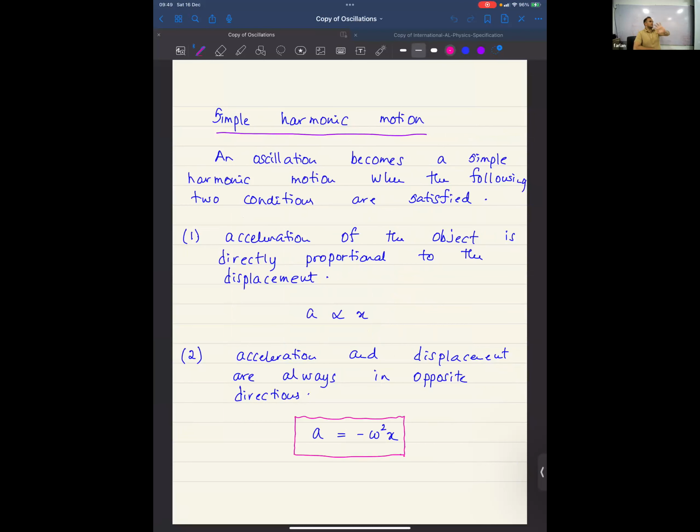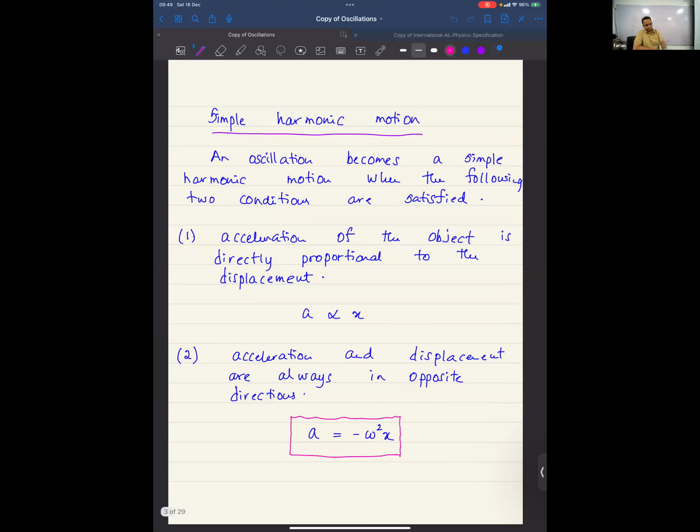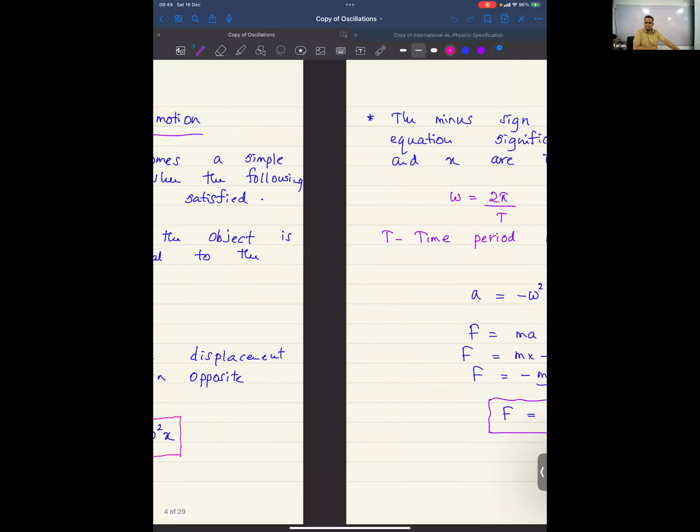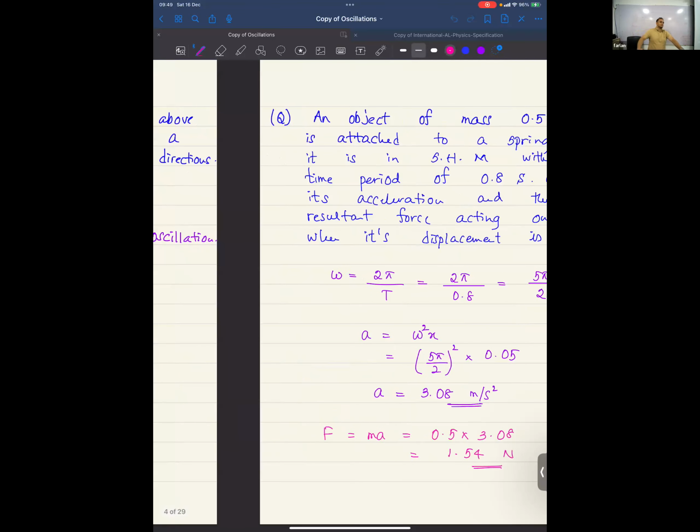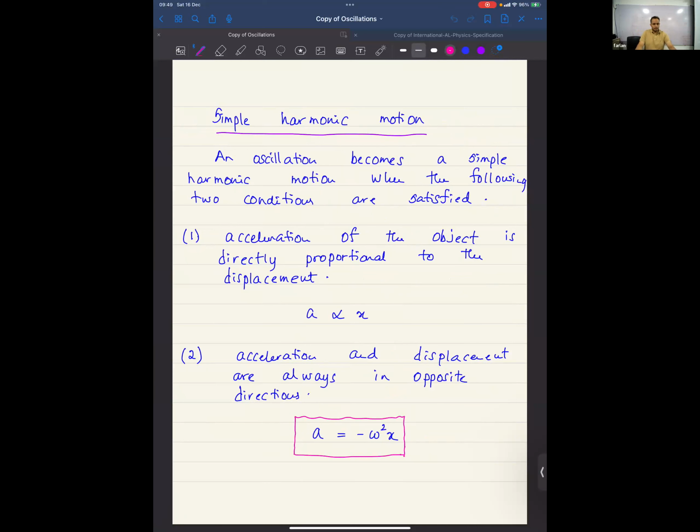If those two key points are satisfied, an oscillation becomes a simple harmonic motion. Subtopic: simple harmonic motion.